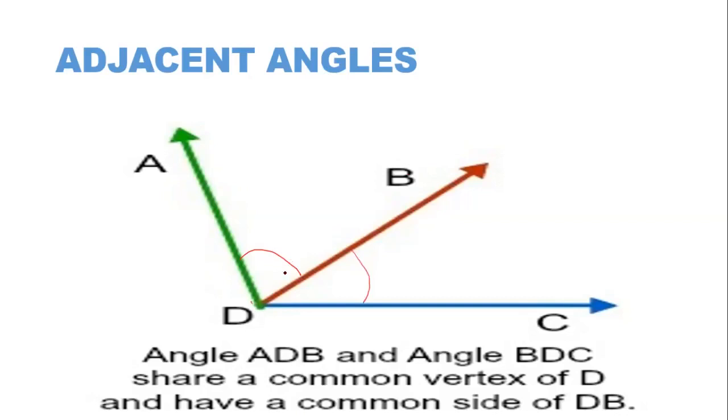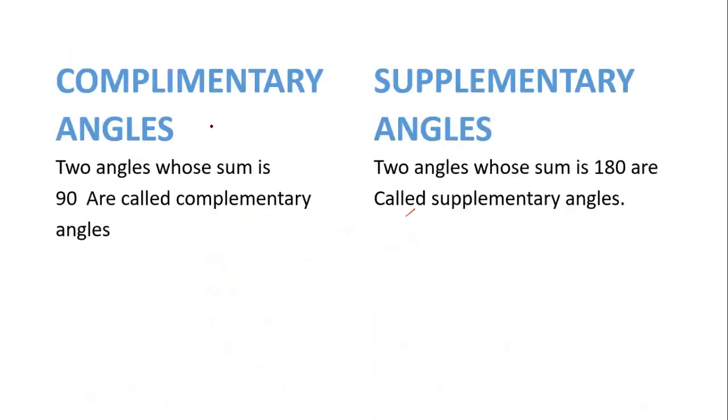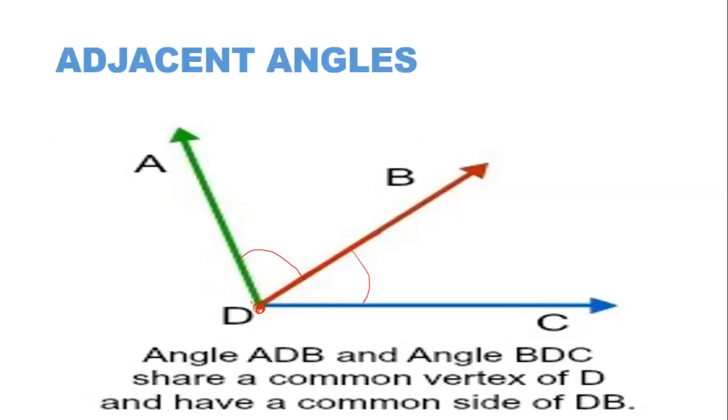They have a common vertex, that is D, and a common side. This is the common side they are sharing. So this is the common side and these two are the angles.